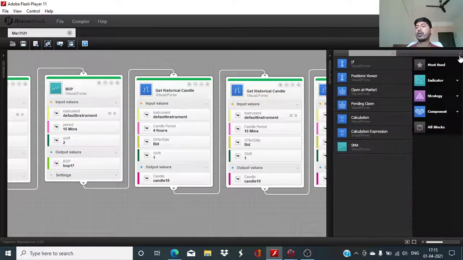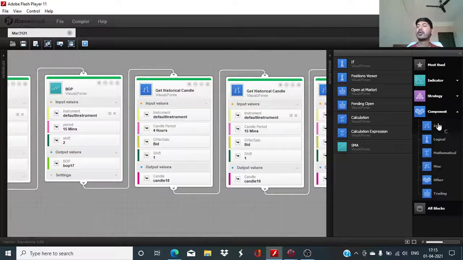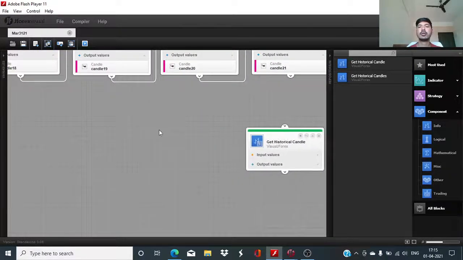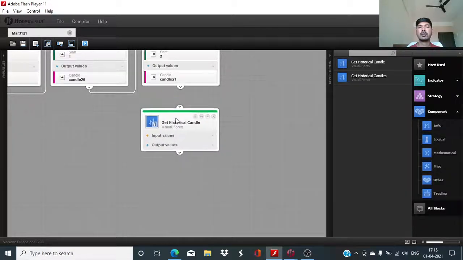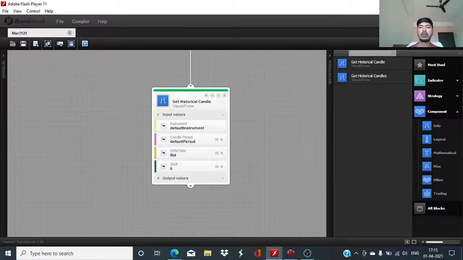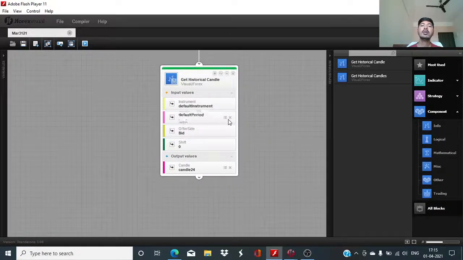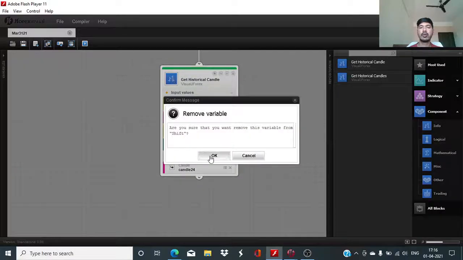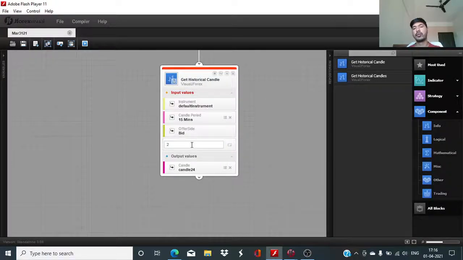So I will have to take the component info, get historical candle, and candle period will be 15 minutes, shift value of 2.